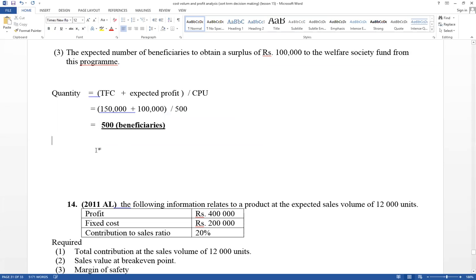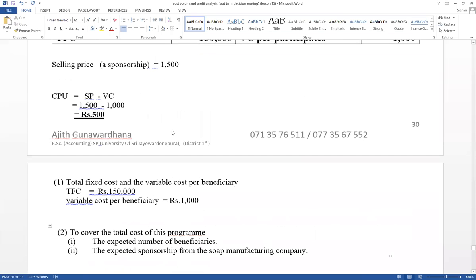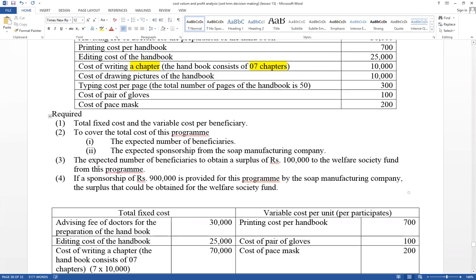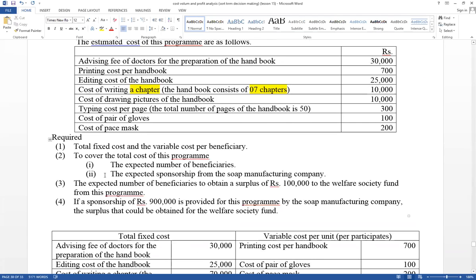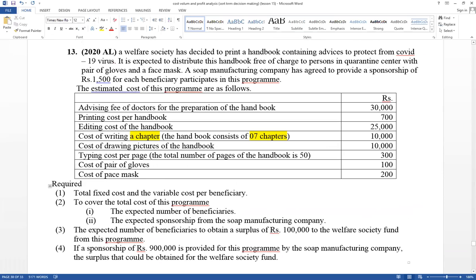The last one is very important. Think about this, it is the last question in the 2020 paper. Then the last requirement: if sponsorship of 900,000 is provided for this program by the soap manufacturing company, what surplus could be obtained for the welfare society fund?